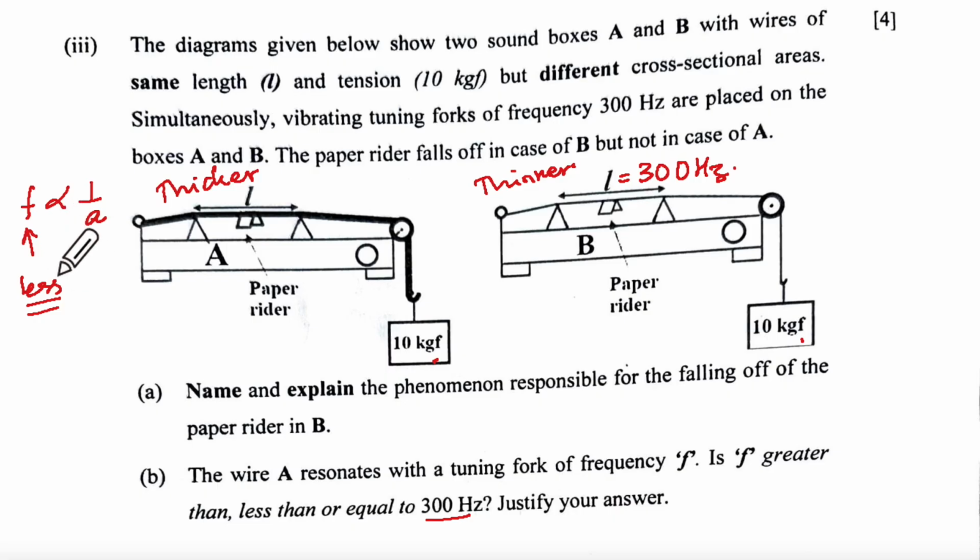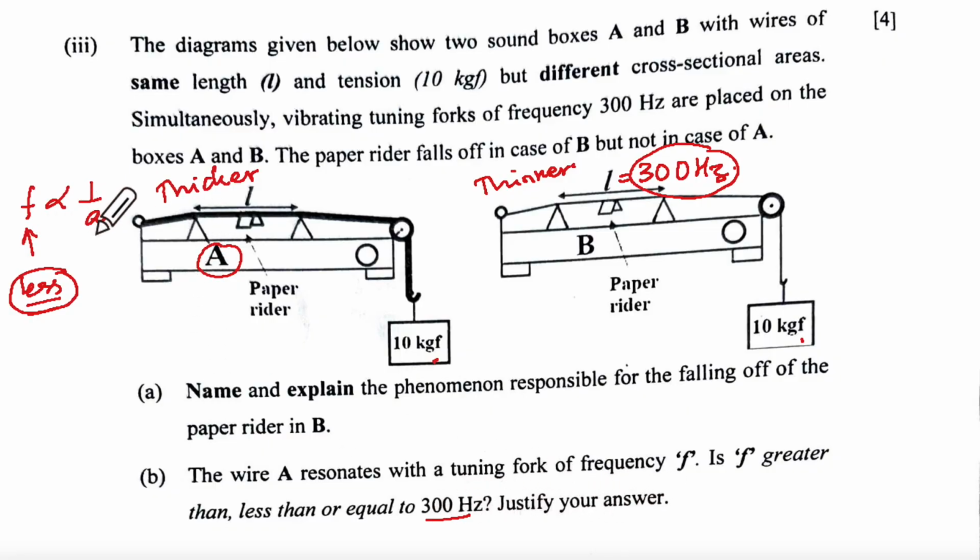Now if this A resonates with another tuning fork, that tuning fork must have the lesser frequency because both of these have the same length. The frequency of this is 300 Hz. So the thicker wire definitely will have less than 300, and so the tuning fork also will have less than 300.